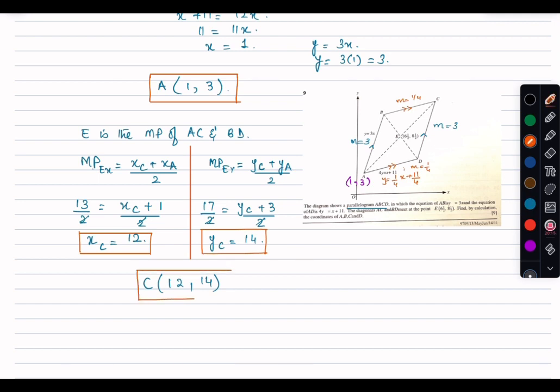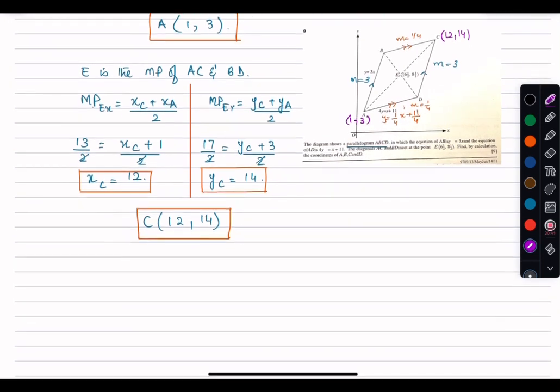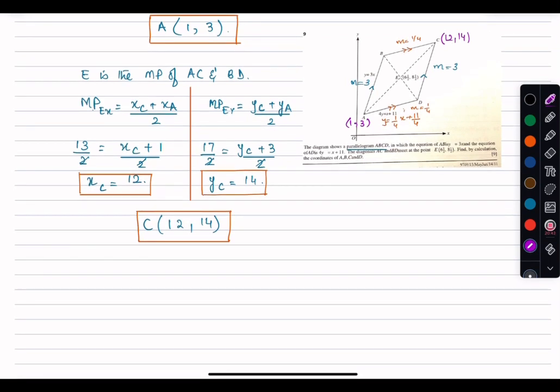So now B and D are left. To get B and D, let's write the coordinate of C on this, which is 12 and 14. All right. Now to get the coordinate of B or the coordinate of D, what I know is that B is the common point for BC as well as for AB.